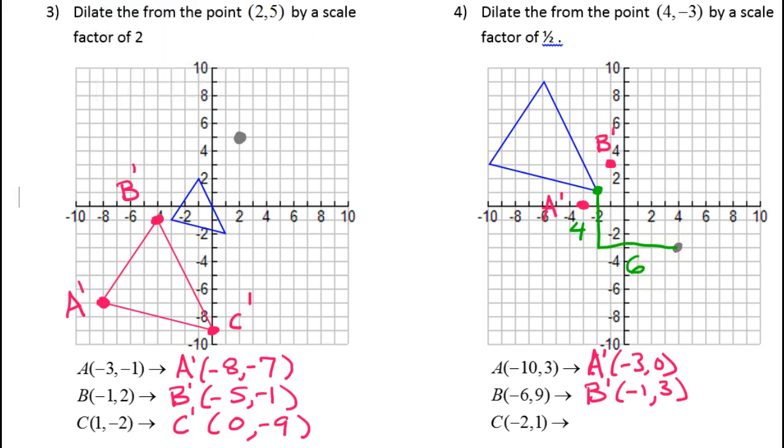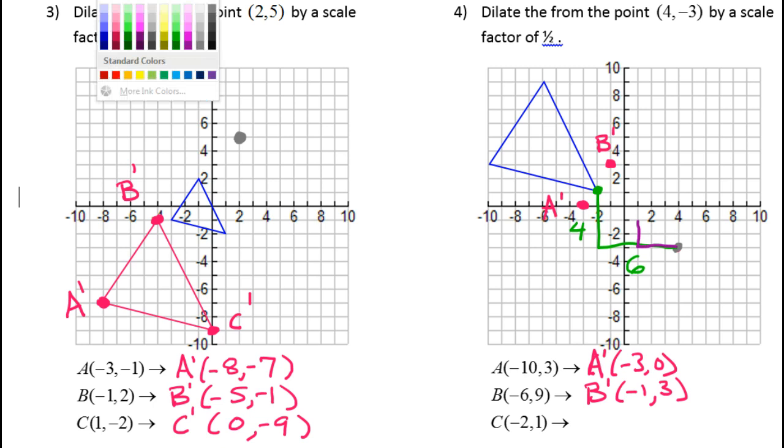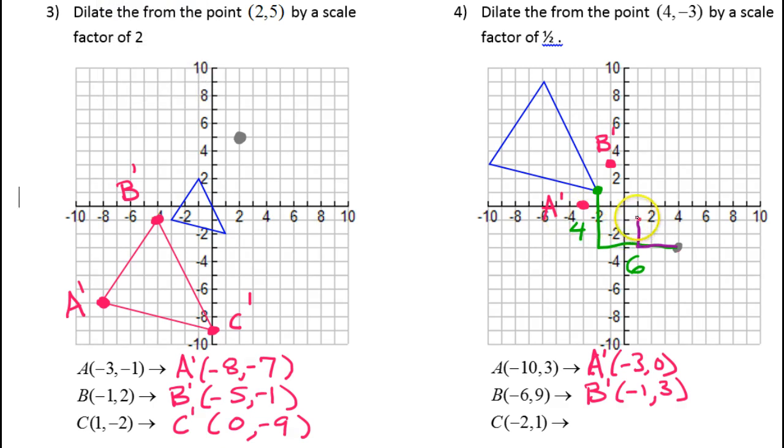Since the scale factor is 1/2, I should find C prime by going half of this path. So instead of going left 6 and up 4, I should go left 3 and up 2. And that should give me the location of C prime right here.